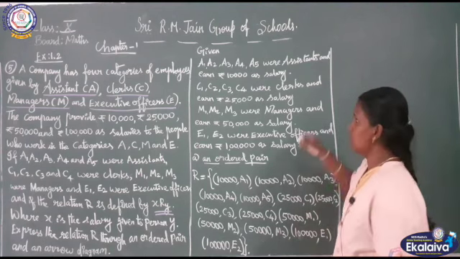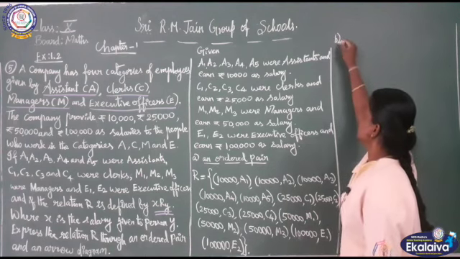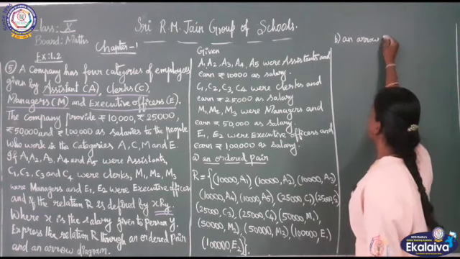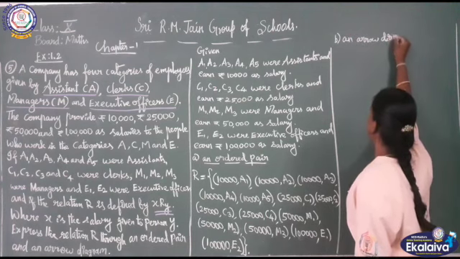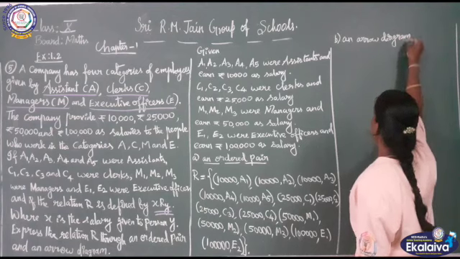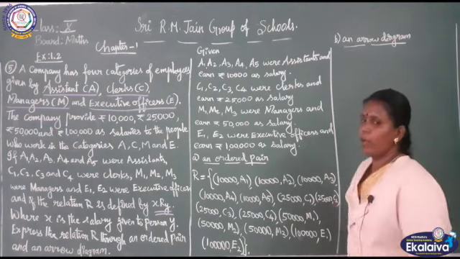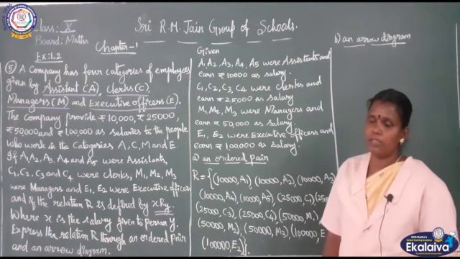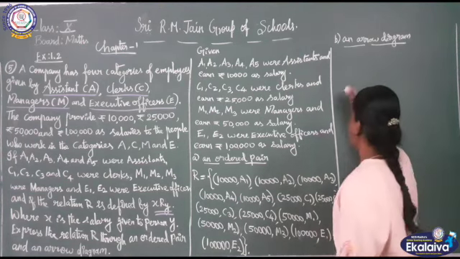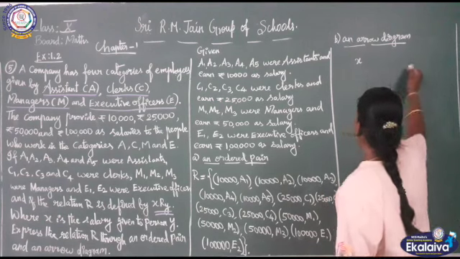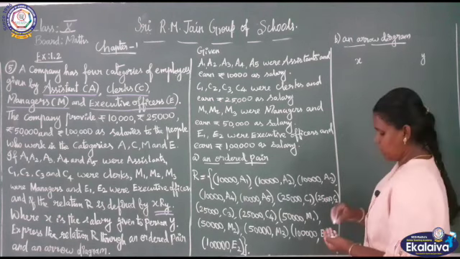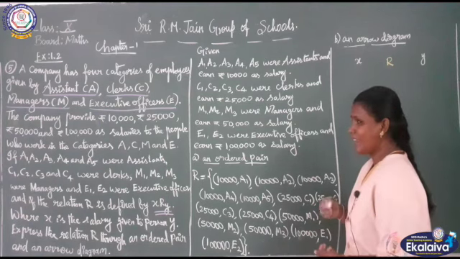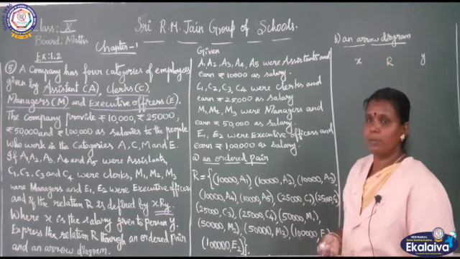Then I am going to proceed with option B, which is the arrow diagram. In the arrow diagram, x is the salary and y is the persons. Am I right? We have to make it as a relation. So what are the salaries received by the persons?